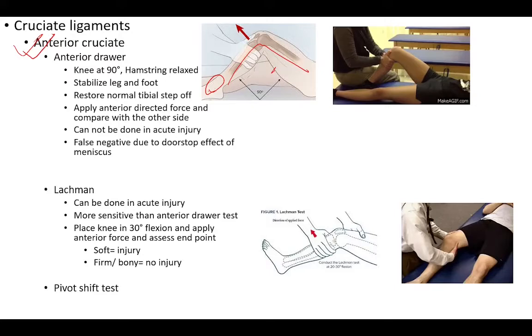Normal tibial step off means that normally the tibia is slightly anterior to the femoral condyles. This will then give us a reference point, after which we can determine whether the knee is translating anteriorly or not. Following this, we should apply an anteriorly directed force and compare these findings with the other side.